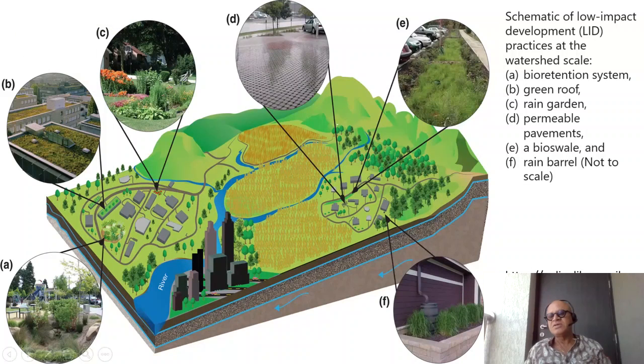So this is a broader example from this paper here, which is showing watershed level green infrastructure in fuller glory. Okay, so this is a schematic of low impact development practices. So that is basically green infrastructure's goal as well.